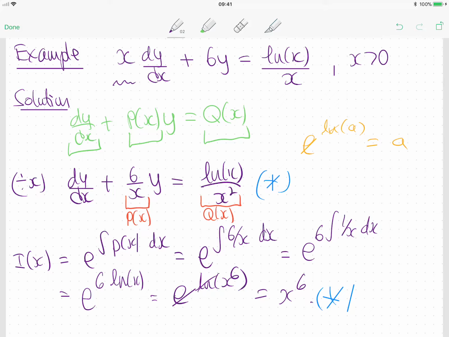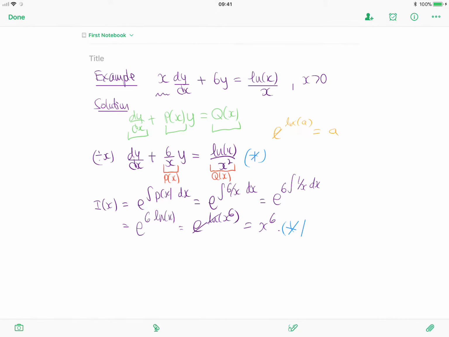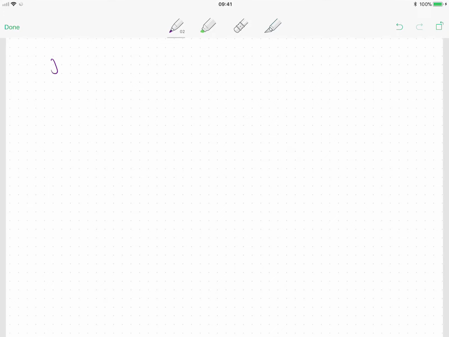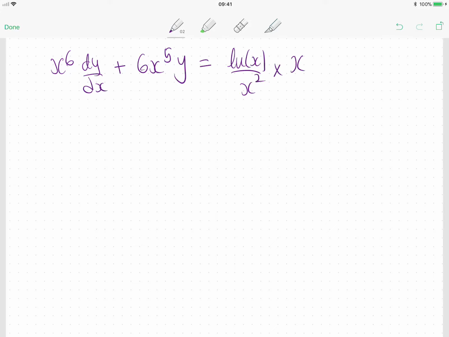We're going to have x to the power 6 dy/dx plus 6x to the power 5 times y equals log of x divided by x squared times x to the power of 6, which just cancels to x to the power of 4 log x.